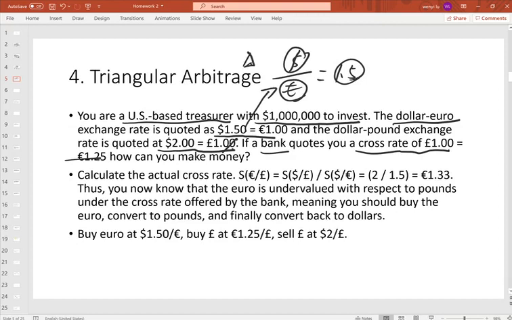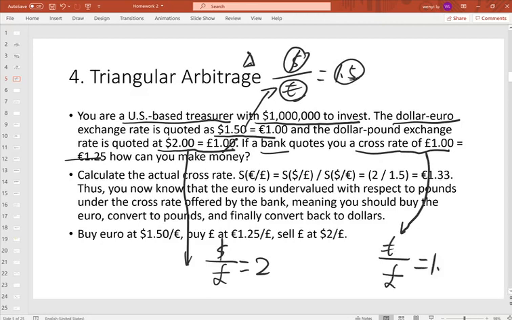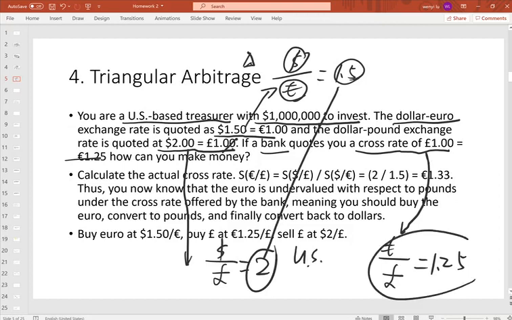Next one, for 1 pound equal to how many dollars? $2 per pound. Last one, 1 pound equal to how many euros? 1.25. And these two quotes are US quotes in the US bank. This is a quote in a foreign bank.